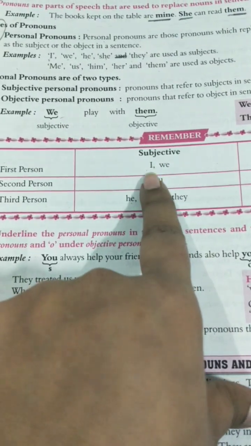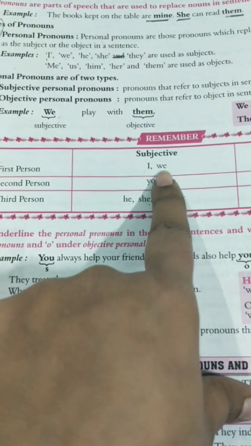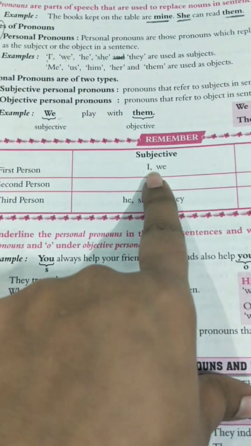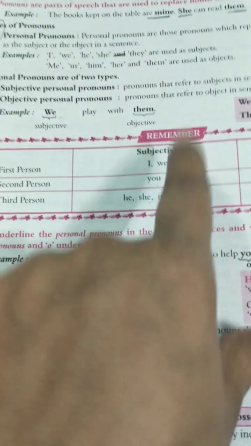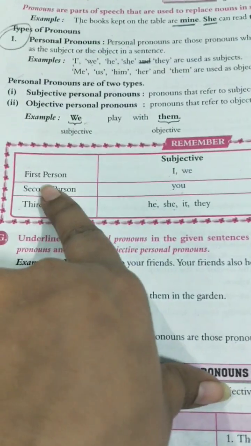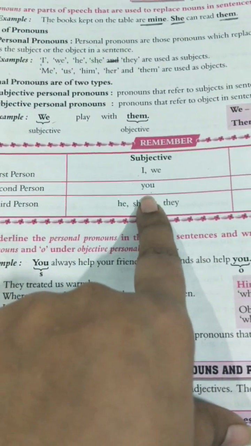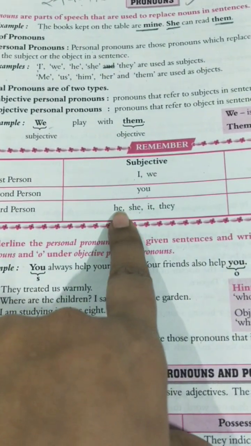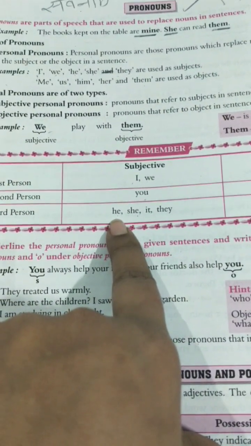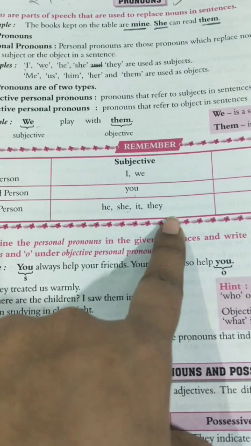Like I want to say I am going, so I am speaking, you are listening. Here somebody is saying we are going, so again we are speaking and the listener is you. So first person are those who are speaking, second person is always you. Third person is the rest, like we are talking about someone, that boy is very tall, so he. Same with she, it, they.